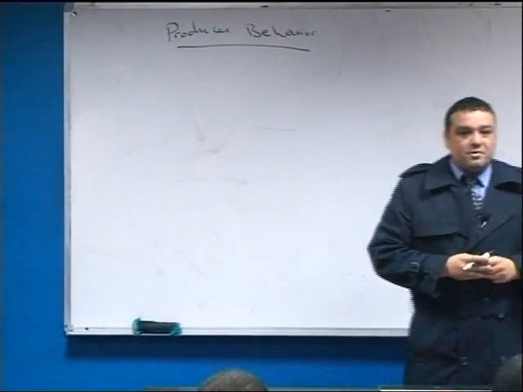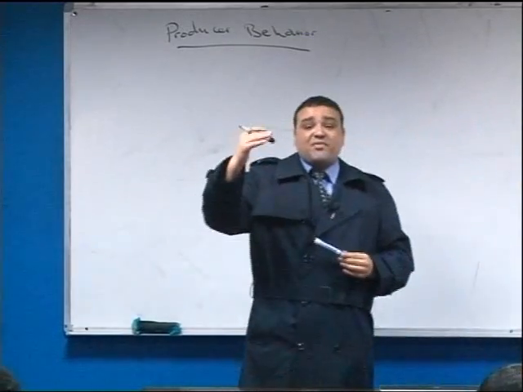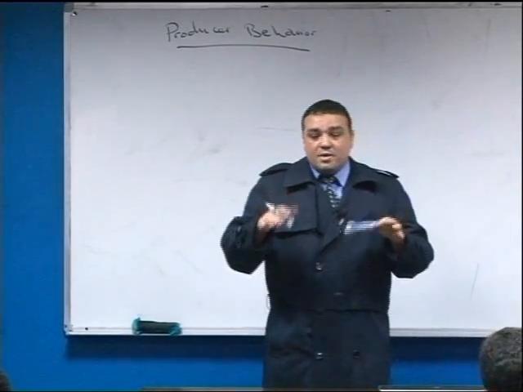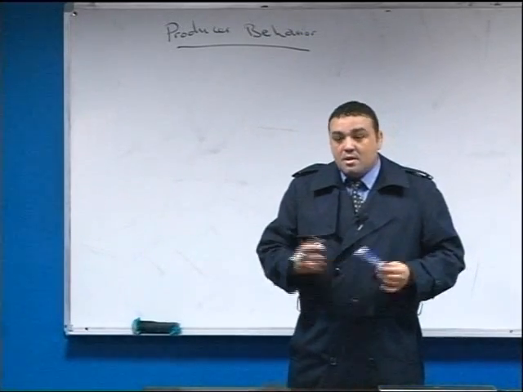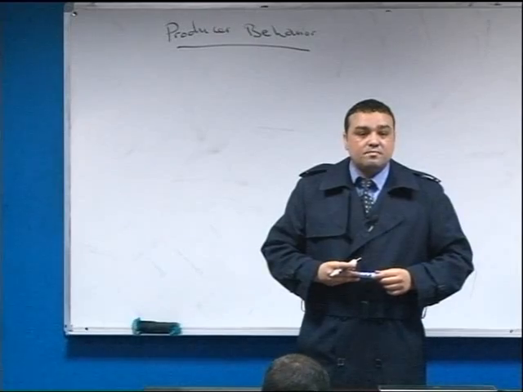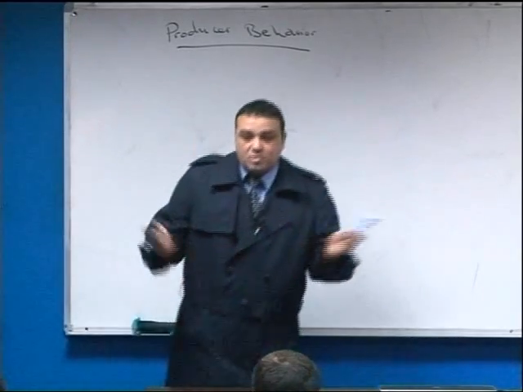As we mentioned before, when we discussed the behavior of the consumer, we talked about satisfaction or utility when he consumes different bundles of goods, right? For the producer, he has two main goals or objectives.